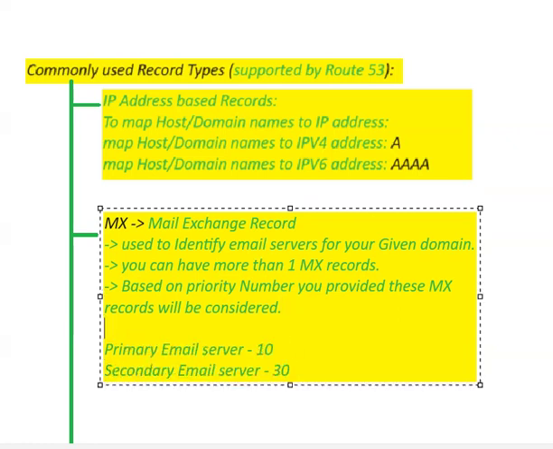Now, which will be considered first? The lowest priority number will be considered first, then it will move to the higher number. So the primary email server will be considered first, and then it will move to the secondary email server. This is about the mail exchange record.